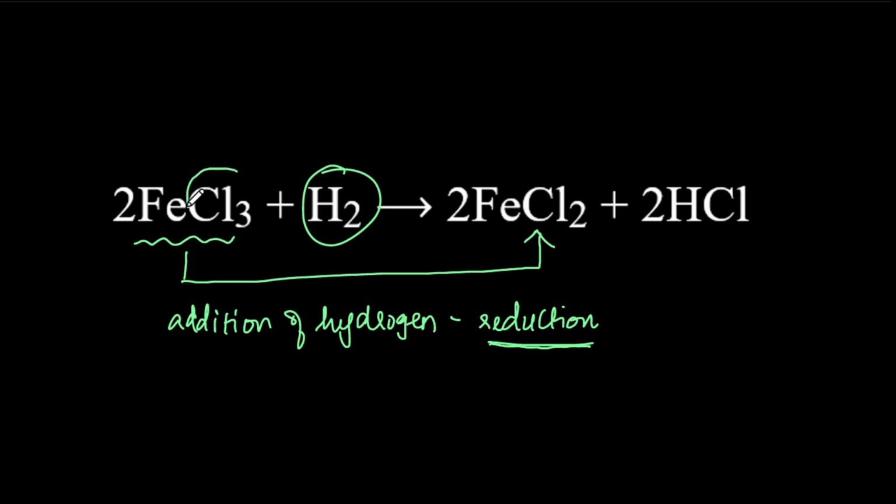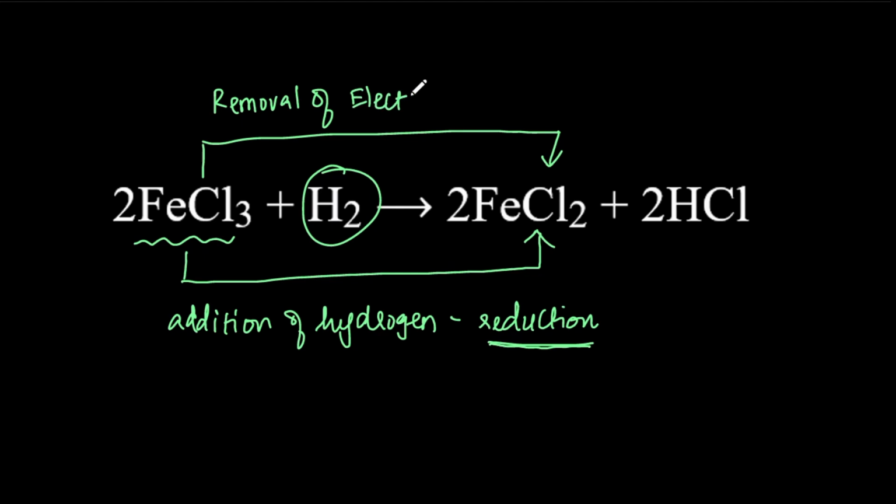But you see the number of chlorine atoms. On the reactant side it is 3, on the product side it is 2. So there is one more process happening. In this reduction, there is removal of chlorine atom, which we already said is an electronegative atom. So removal of electronegative element leads to reduction.